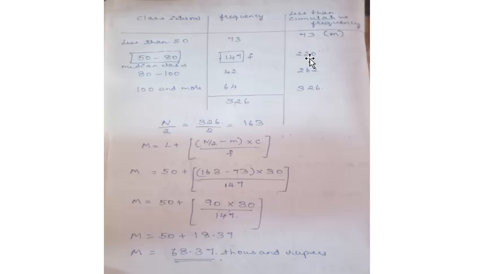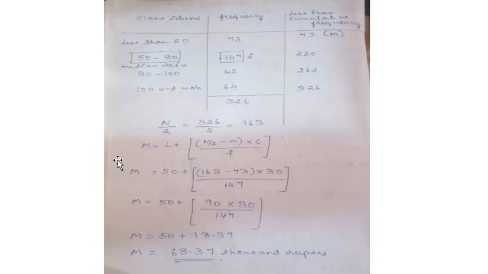This row is called the median class because when 163 is not in the less than cumulative frequency, the next highest number is 220, and 220's class is 50 to 80. Then 147 is f, and m is the previous number, that is 73.